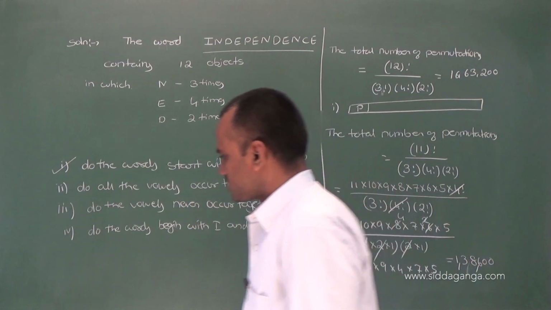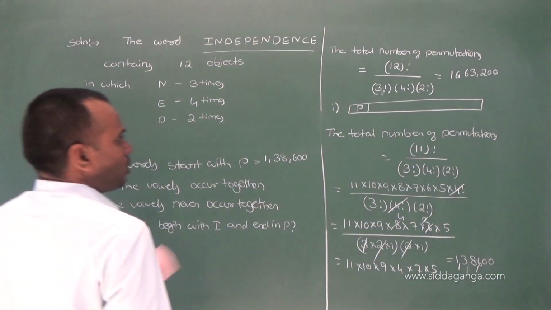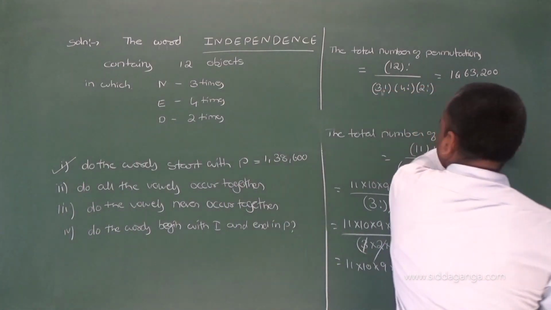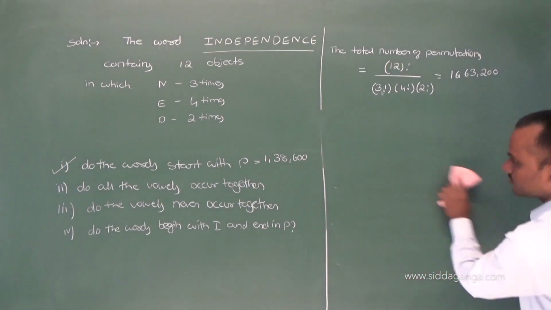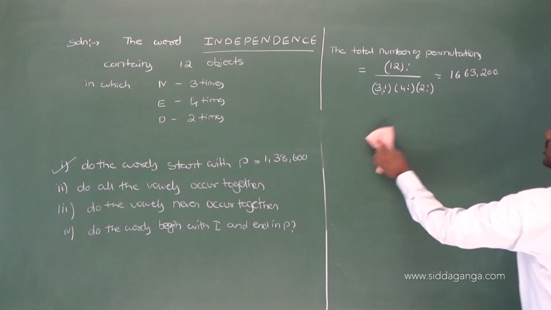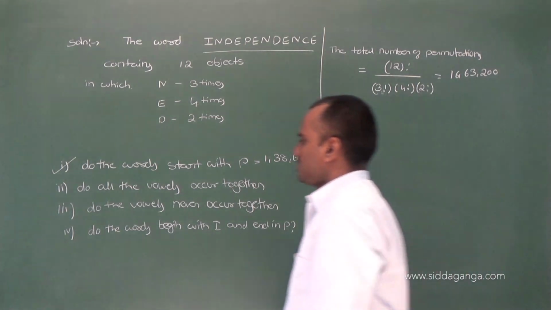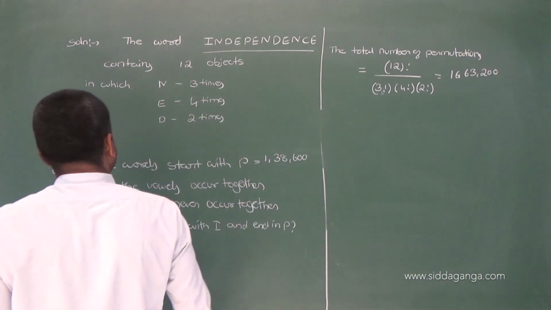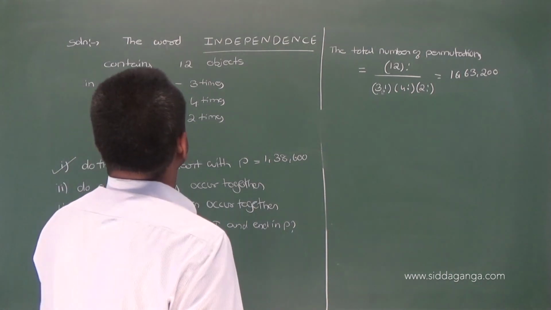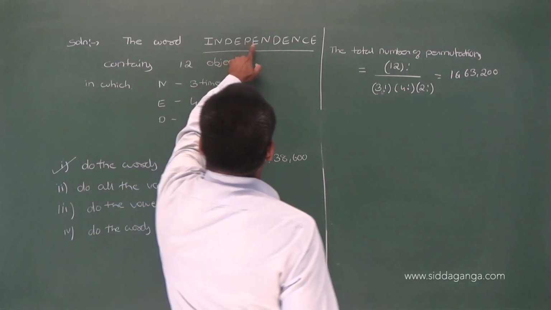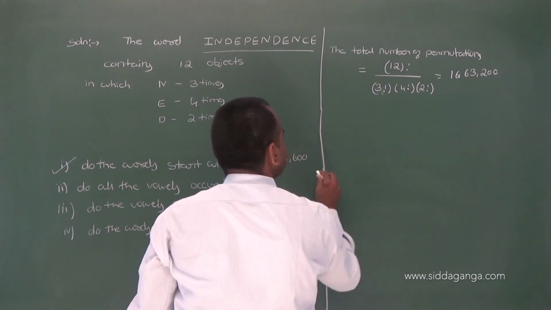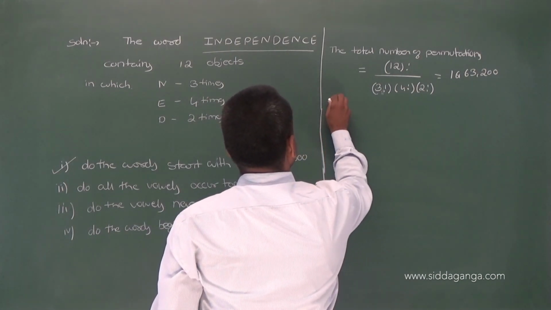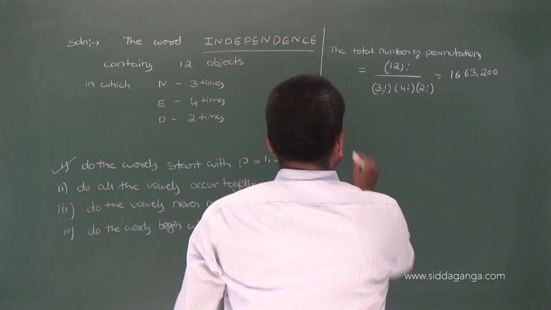Next, second question: all vowels occur together. In that, E and I are the vowels.